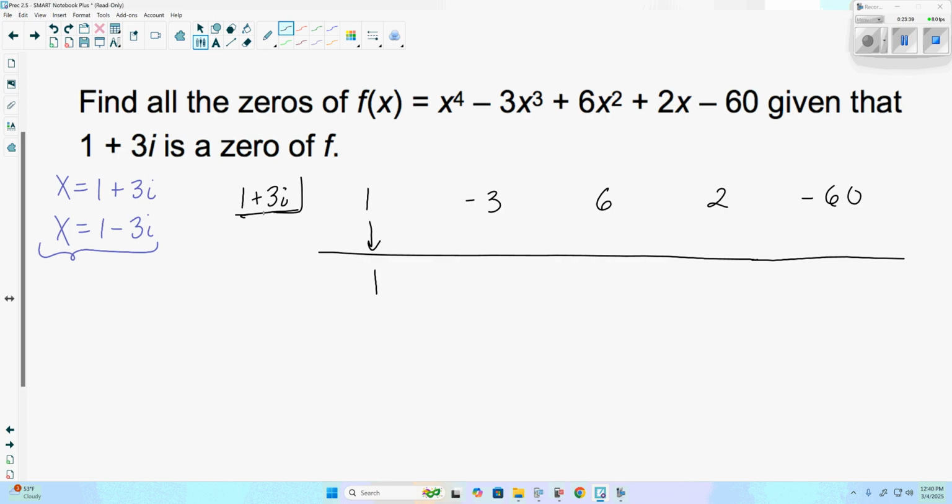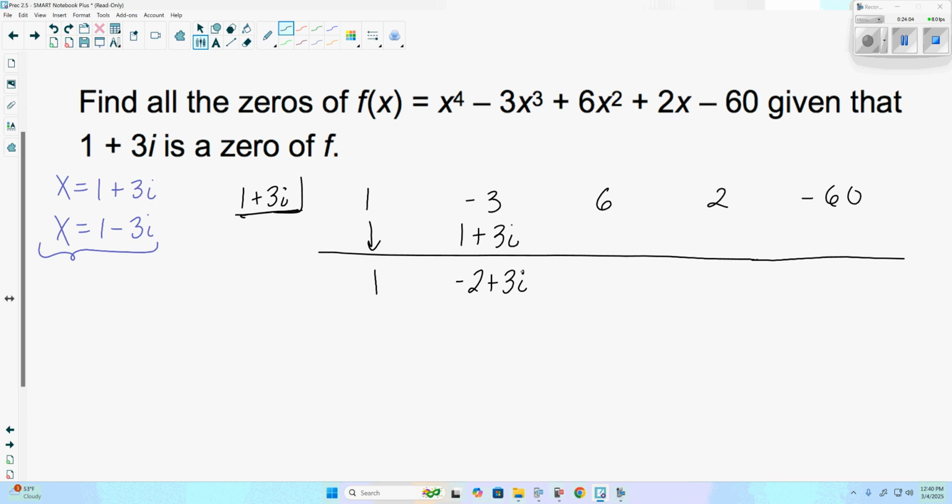So the first thing we're going to do is multiply 1 plus 3i times 1, which is going to be 1 plus 3i. We add straight down, so we add our real and imaginary terms. Negative 3 plus 1 would be negative 2, plus our 3i, because there is no imaginary term, so the 3i just comes down.